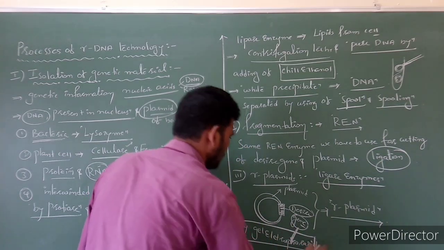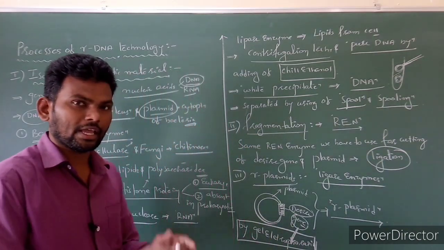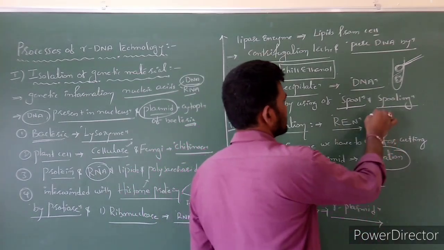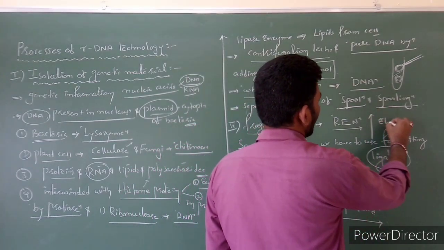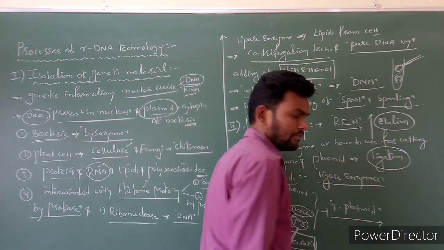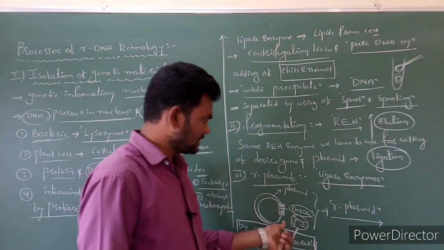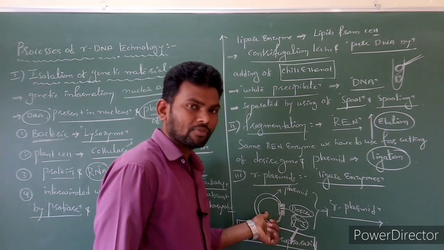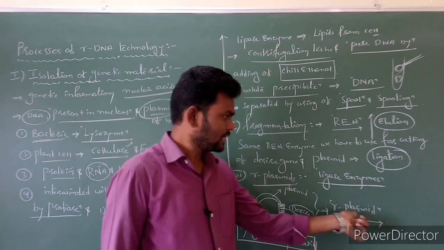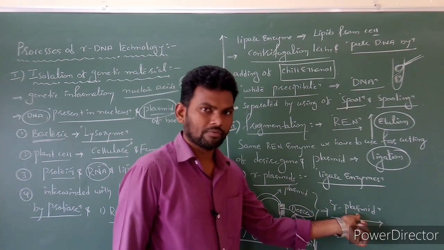By the gel electrophoresis technique, we separate the DNA fragments from the medium. It is also called elution. We already discussed that. After elution, this desired gene is added at a recognition site of the plasmid. Now it becomes a recombinant plasmid.